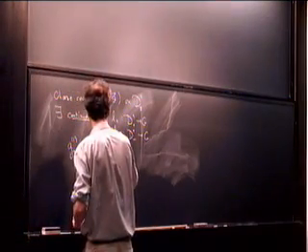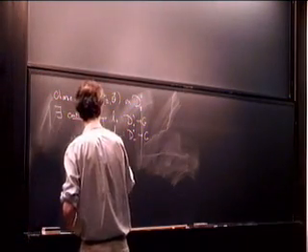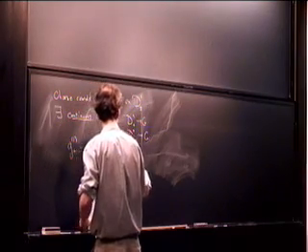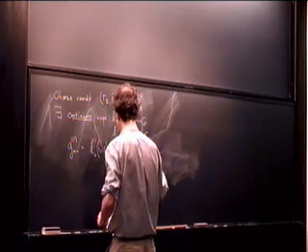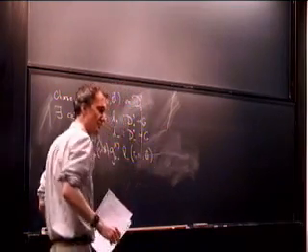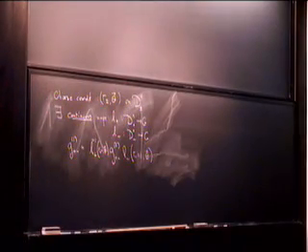So that means we have L plus inverse at r plus equals 1 and theta, L minus at r minus equals 1 and theta. Is there any question about that?